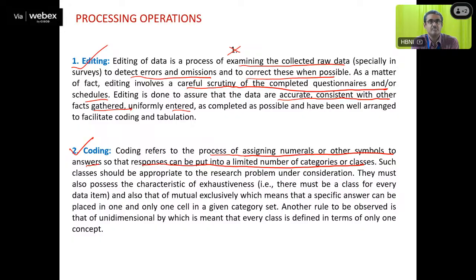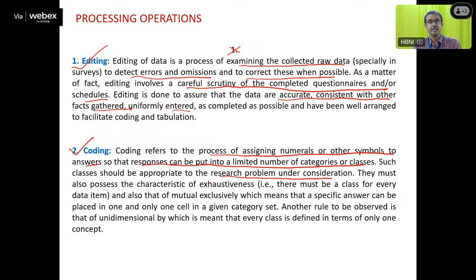Coding means putting relevant data or responses in certain categories. Whatever data you collected in a case study, schedule, or questionnaire, you separate it into groups or categories. Such classes should be appropriate to the research problem under consideration.